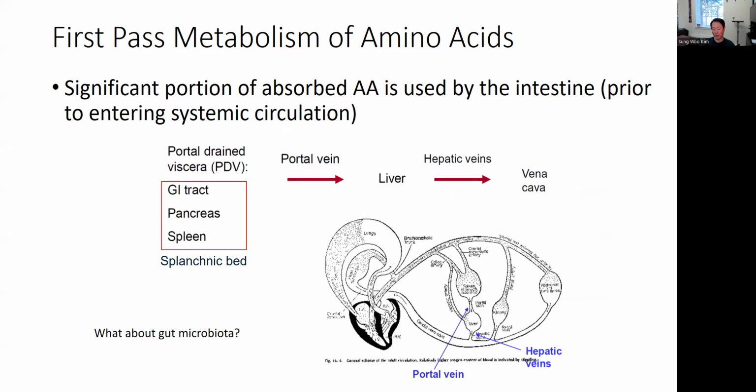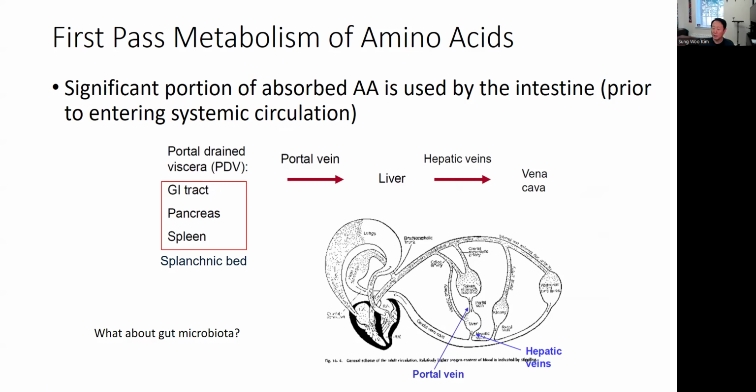It is interesting. In animal nutrition, and probably in some sense in human nutrition as well, we have something called amino acid requirements, like a lysine requirement or methionine requirement.